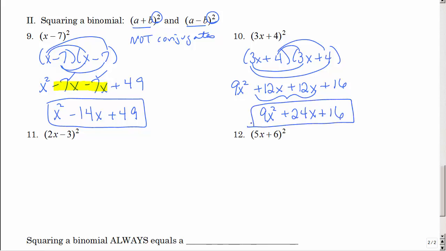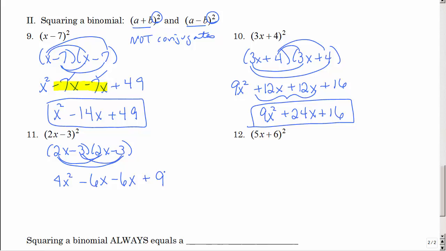So could you do that in your head? If you can, that's great, but please be careful. All right, I'm just going to do it the slow and steady way. I'm going to write it out twice, and then I'm going to FOIL. And now I know that that's going to be the same.